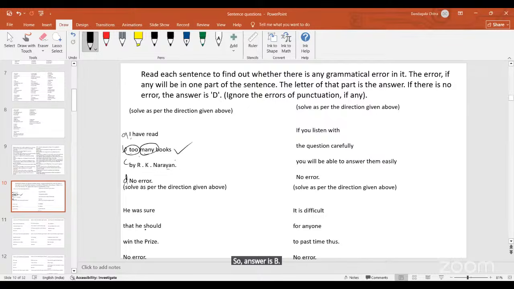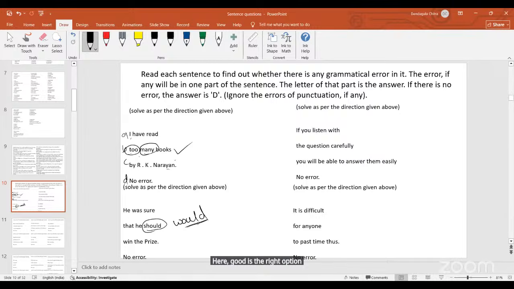Next, he was true that he should win the prize. The error is in option B, sir. Instead of "should" we use "would". Yes, exactly. Here, would is the right option.